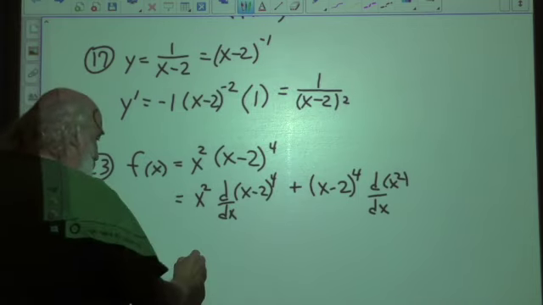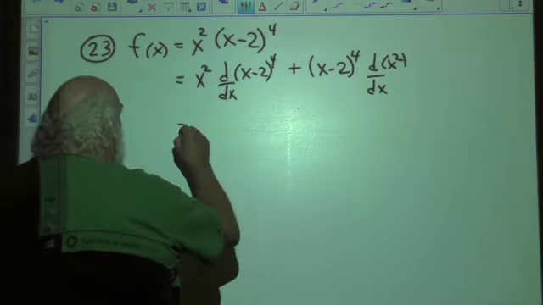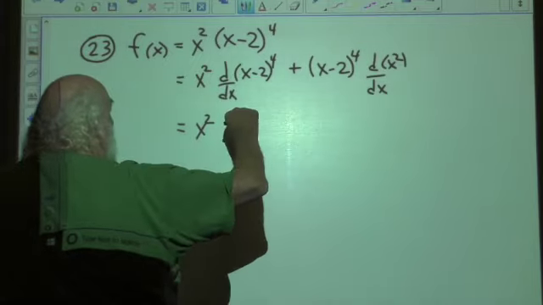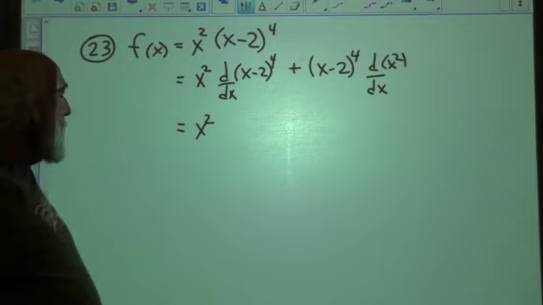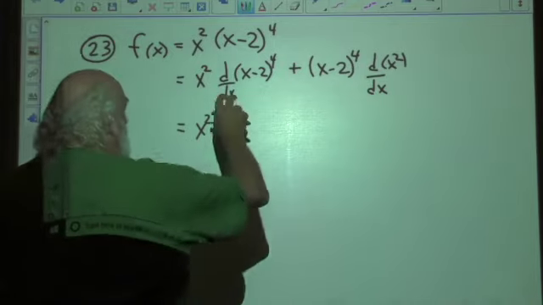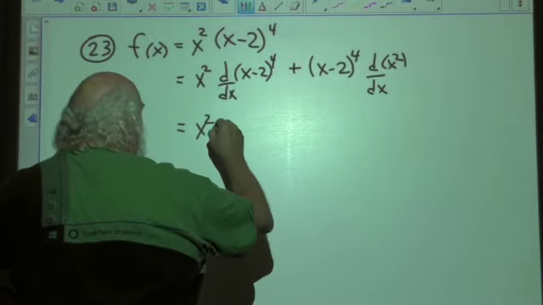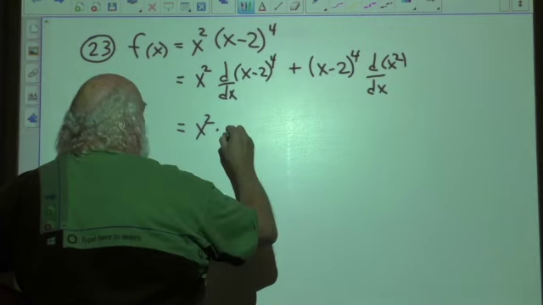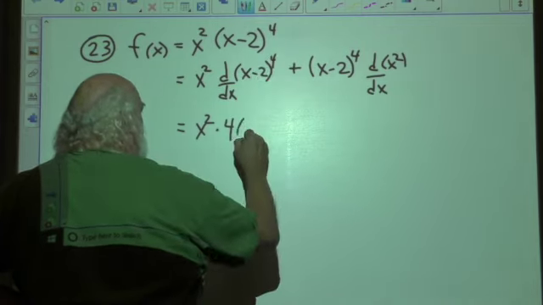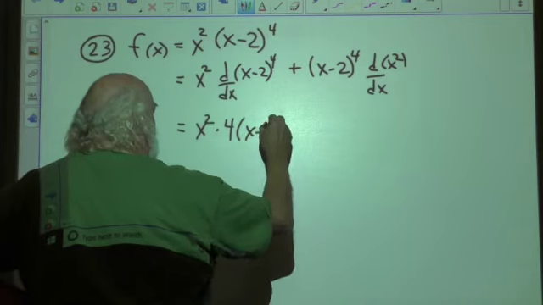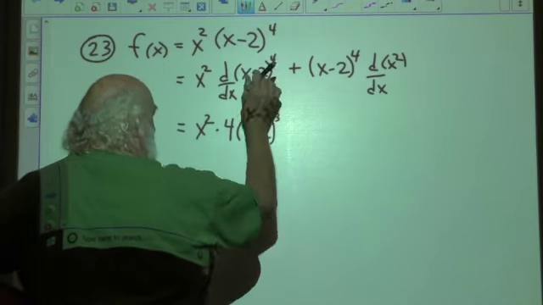So this becomes x squared. Now we use the general power rule here. This is our u. When we put times on here, 4 goes down in front. x minus 2 becomes to the third power. And then the derivative of x is 1.